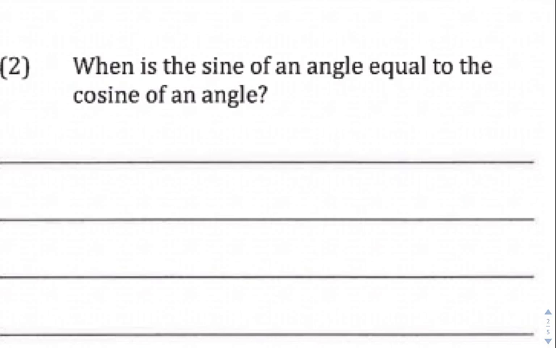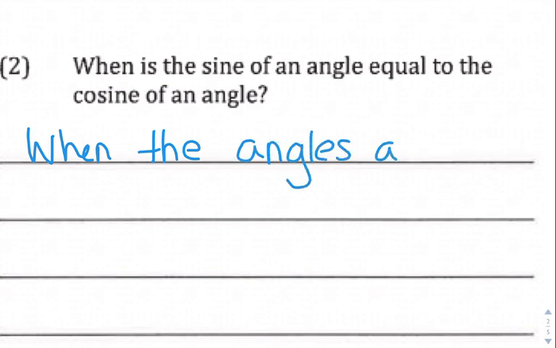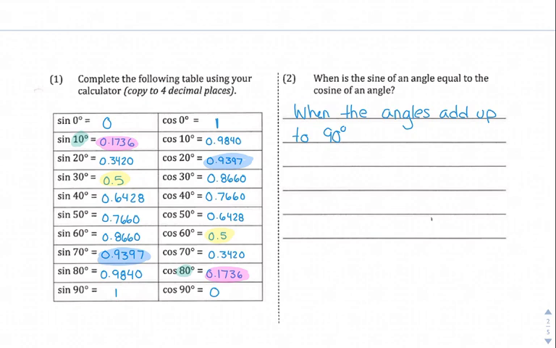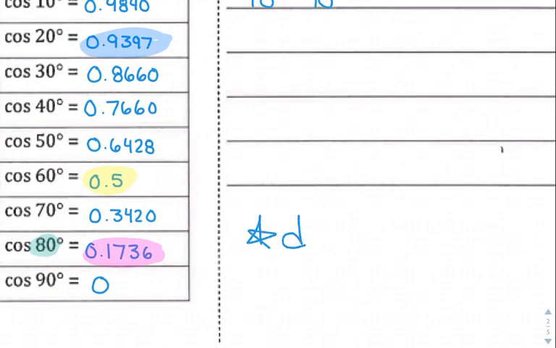That is when the angles add up to 90 degrees. So using this chart and using what we know now, the decimals are equal and the degree measures add up to 180. So that's an extra piece.